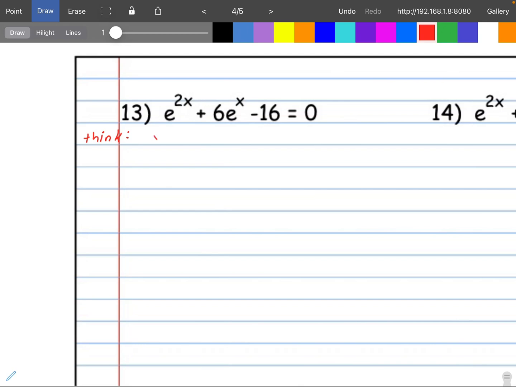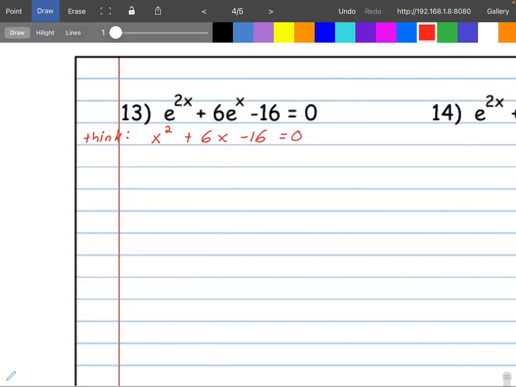Think of this e to the x as x, so make all of your e's x's for just a minute, and then drop x out of your exponent. So think of this as x squared plus 6x minus 16. If we see it like that, we know what to do.